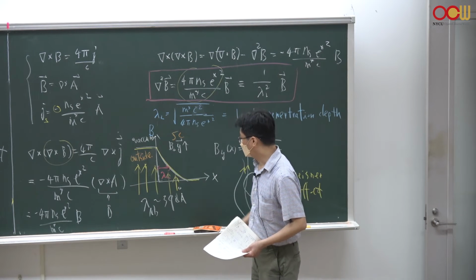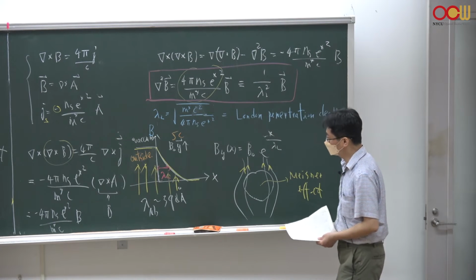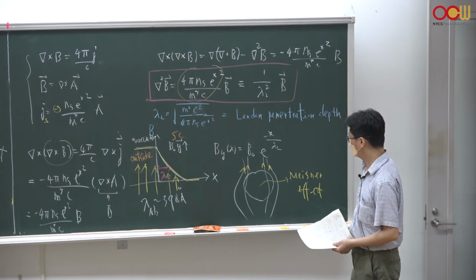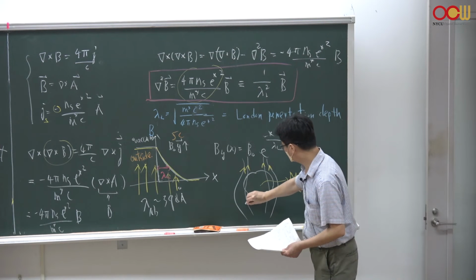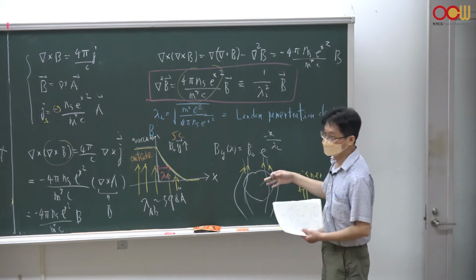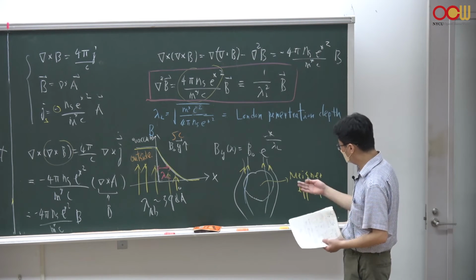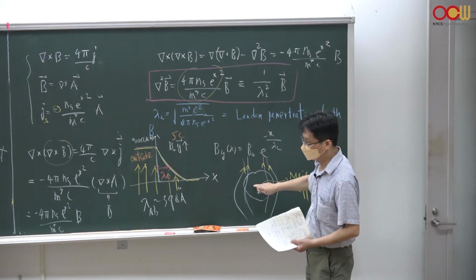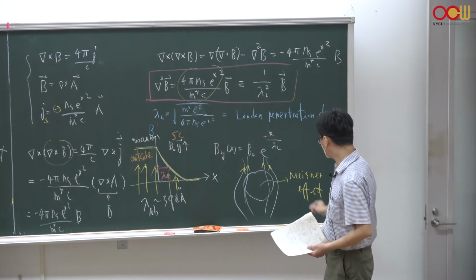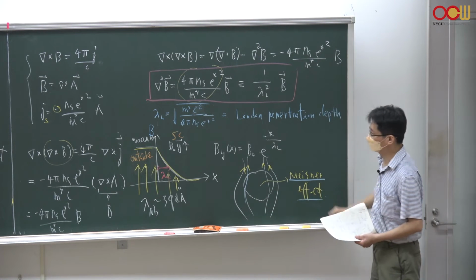But that penetration depth is really tiny for a superconductor. So roughly speaking, you can still consider that the superconductor repels all this magnetic flux, preventing the flux from penetrating into the system. And this is precisely what the Meissner effect is telling us.